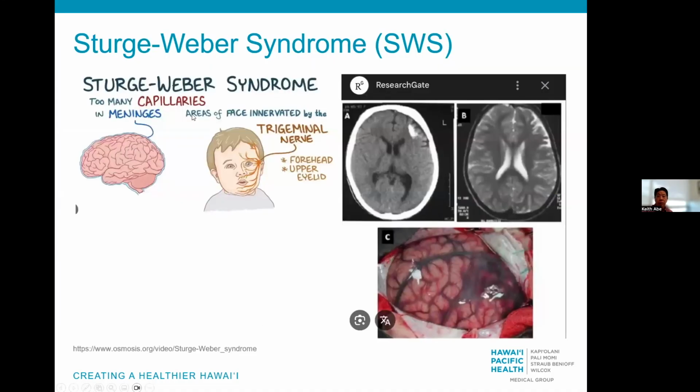And often it's the concerning areas in the V1, V2 distribution. So we think about the branches of the trigeminal nerve, V1, V2 distribution. And in this case, with the malformations, we see atrophy localized in the area, and the abnormal blood vessels.